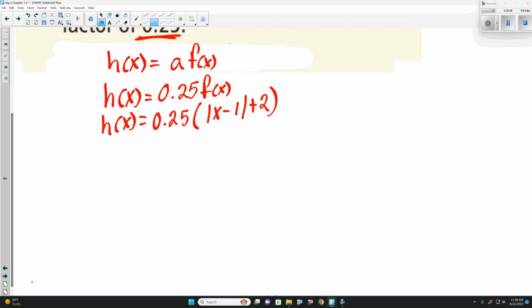So we replace a with its value, then we replace f of x with its function. Now we just need to simplify. So we're going to multiply through by our 0.25. Now multiplying the absolute value by 0.25 just gives us 0.25 times the absolute value of x minus 1.